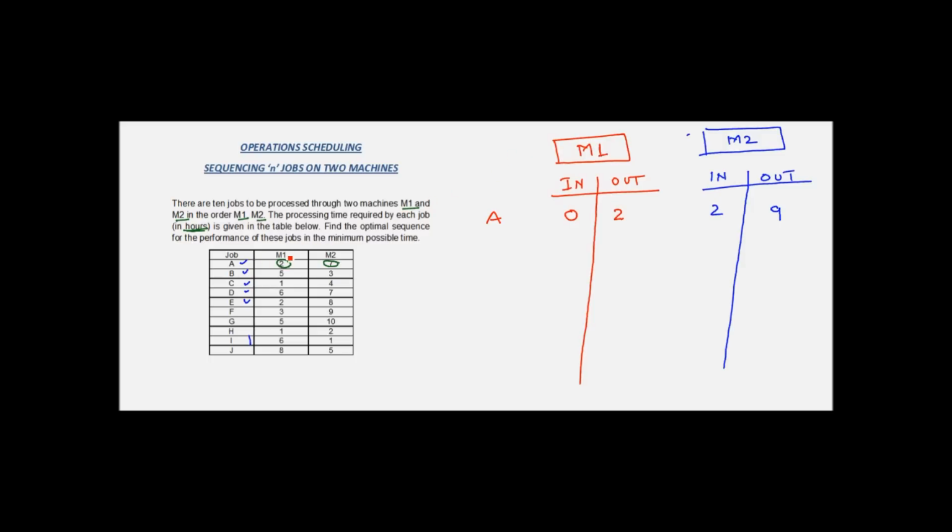Next we'll process B. So B takes 5 hours on M1. So after A has been processed on M1, B can start processing on M1. So this can go in on the second hour, and because it takes 5 hours, this will come out of M1 after 7 hours.